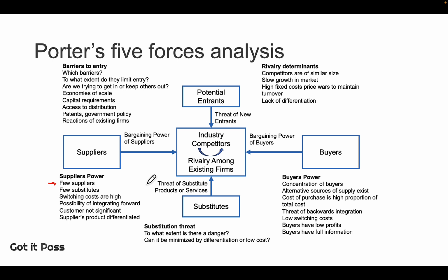So they have strong negotiation power. And next is few substitutes. That means you cannot find a substitute for the materials provided by your suppliers. So with few substitutes, you have to pay a higher price, even when they charge what you think is unreasonable.